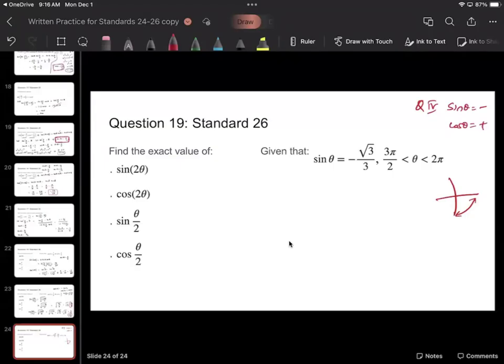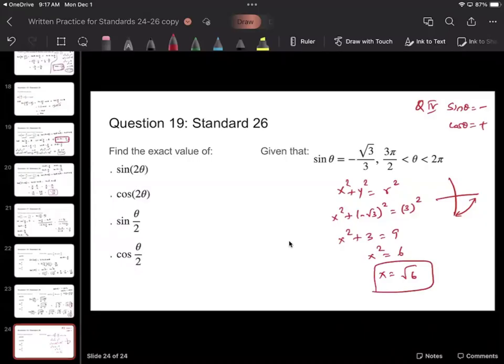Then you do x squared plus y squared is r squared. X squared plus negative root 3 squared is 3 squared. So x squared plus 3 is 9. X squared is 6. X is square root of 6. I'm just using the positive because it's the fourth quadrant, so x is positive.